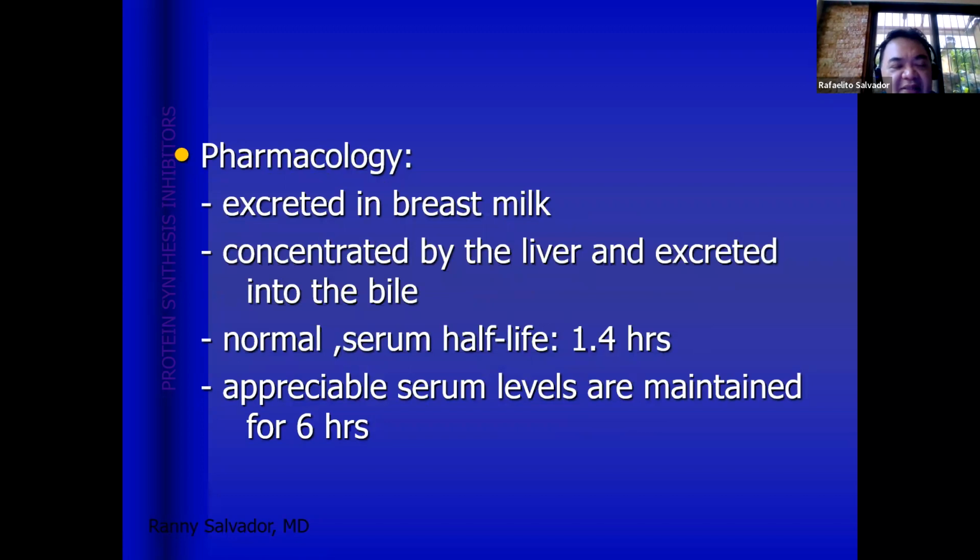Erythromycin is excreted in breast milk, concentrated by the liver, and excreted into the bile. It has a short half-life, so usually we give it every 6 hours, since appreciable serum levels are maintained for 6 hours. It was given 4 times a day. That's one of the reasons why it is not popular: you always have to give it.